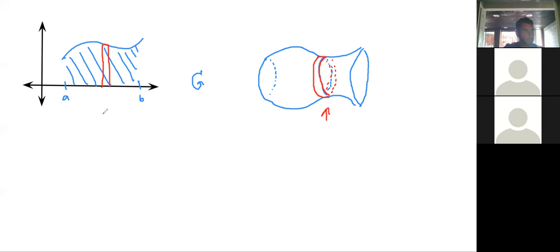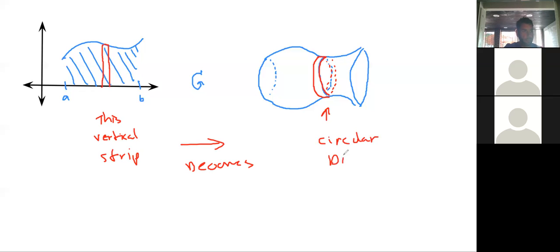So this strip, when it rotates, becomes a circular disc. So that's one way to interpret this.